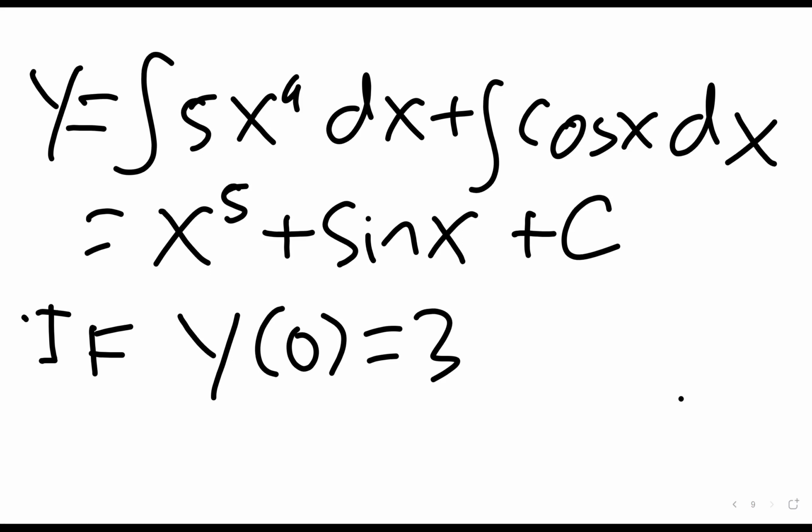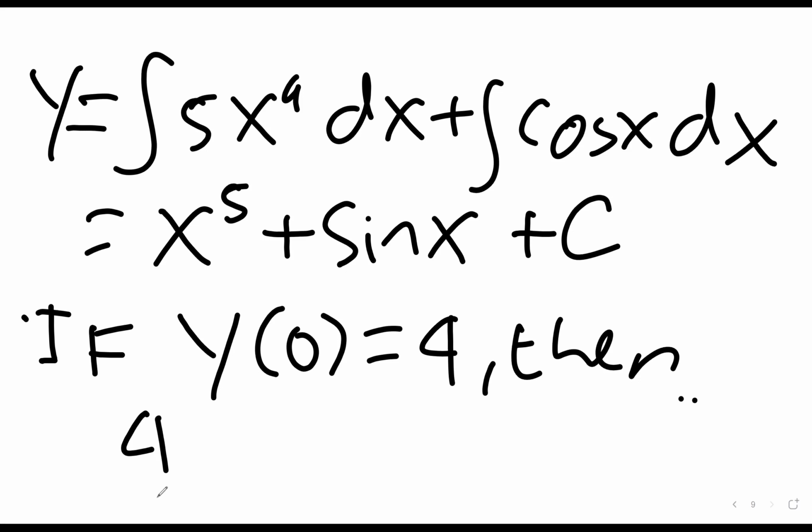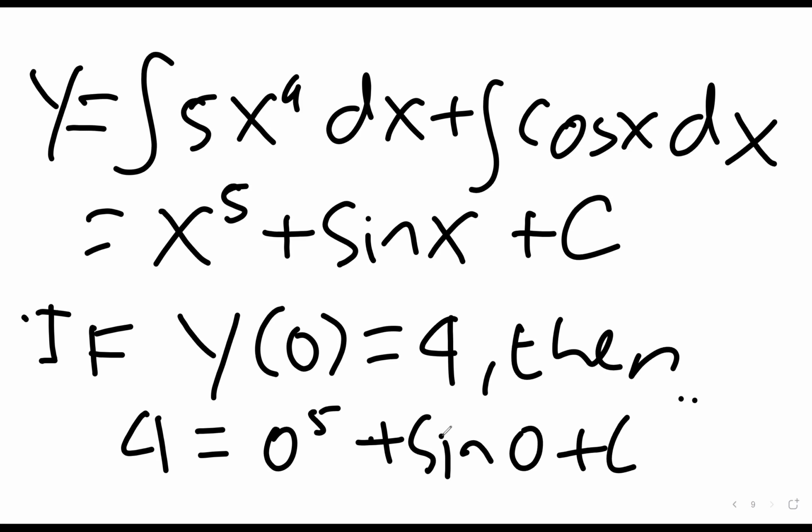So if I consider the following point, when x equals to 0, y equals to 4. Then just simply substitute x equals to 0 and y equals to 4 there. So I get 4 equals to 0 to the power of 5 plus sine 0 plus c. So I will have c equals to 4. Okay.